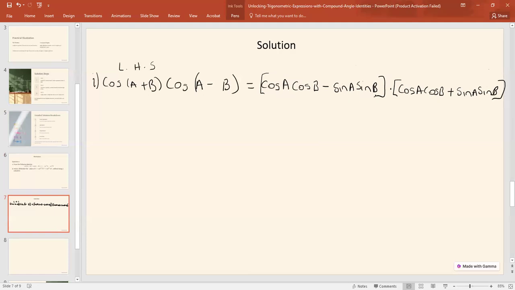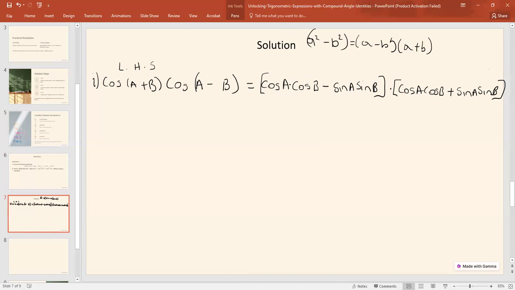You see, this is more or less like what we know as the difference of two squares, which states that if you have an expression a squared minus b squared, this is equal to a minus b times a plus b.